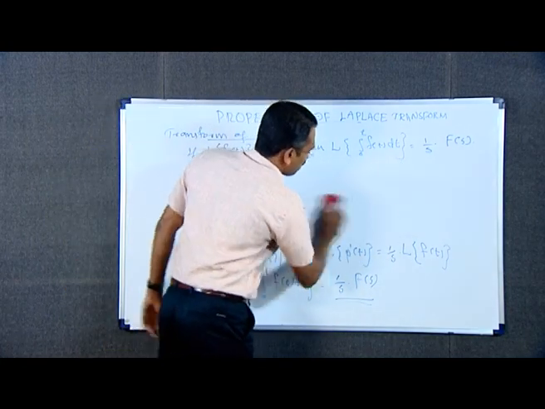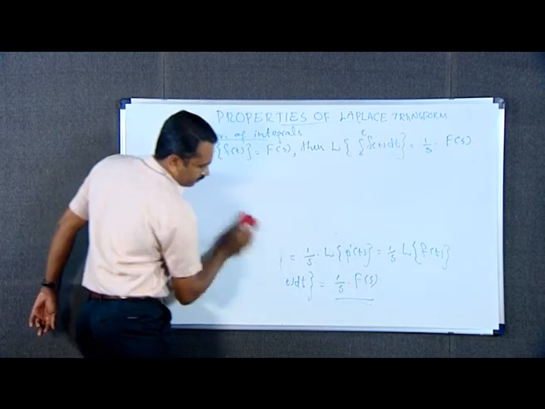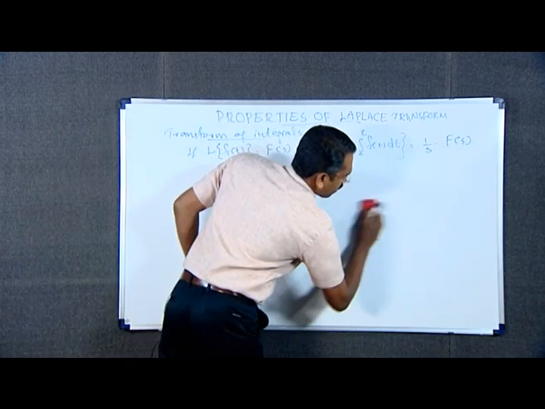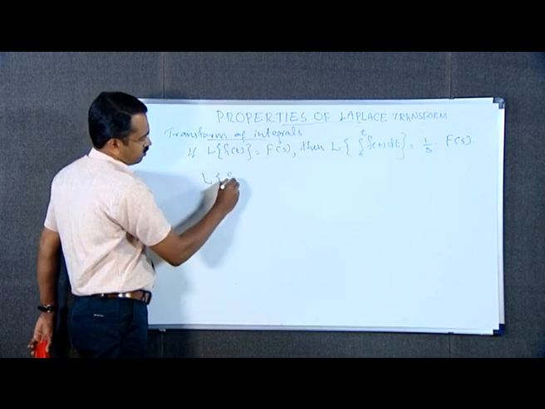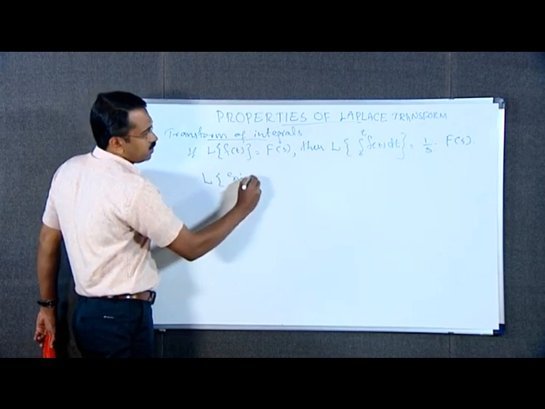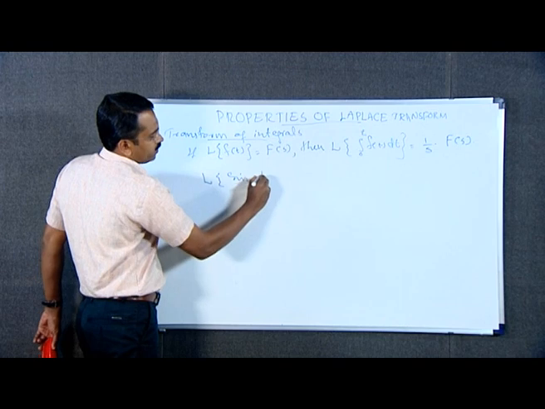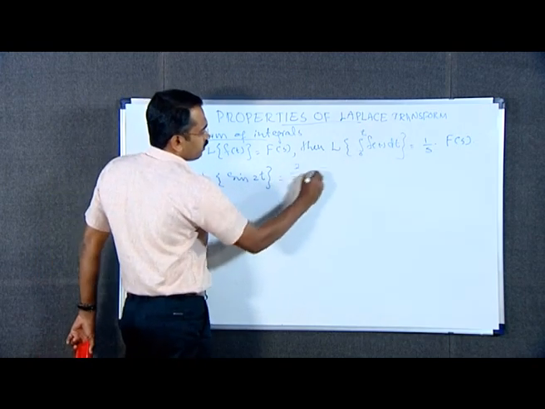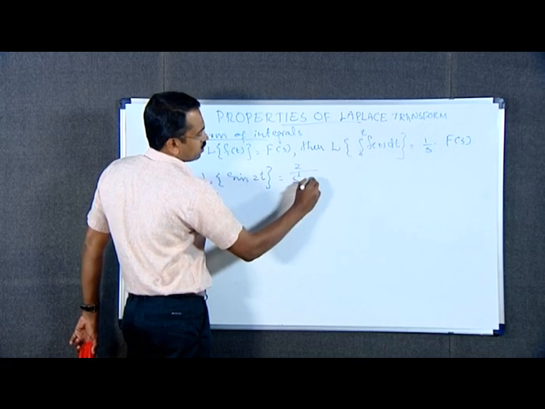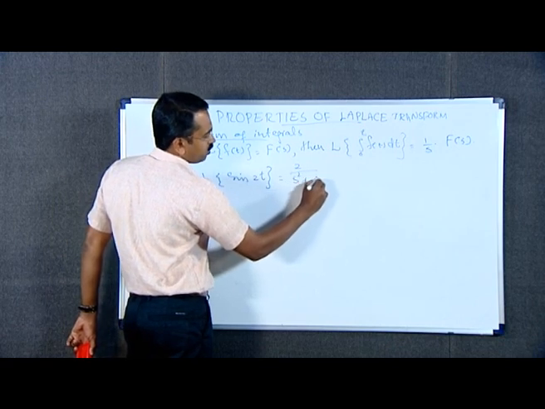Now consider this example. We know that the Laplace transform of sine 2t is equal to 2 divided by s square plus 2 square, that is 4.